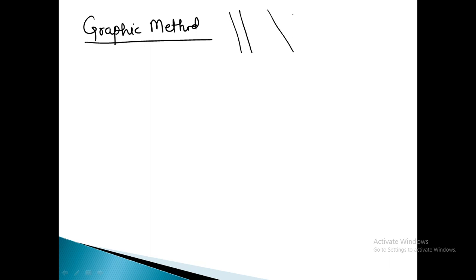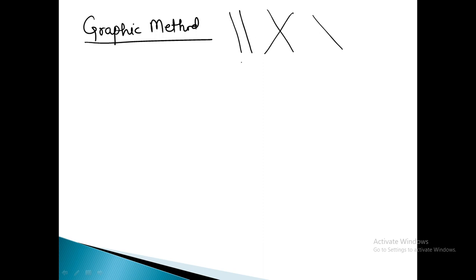In the graphic method, the graph of a pair of linear equations in two variables is represented by two lines. These two lines may be parallel, may intersect each other, or may be only one line, the same for both equations.